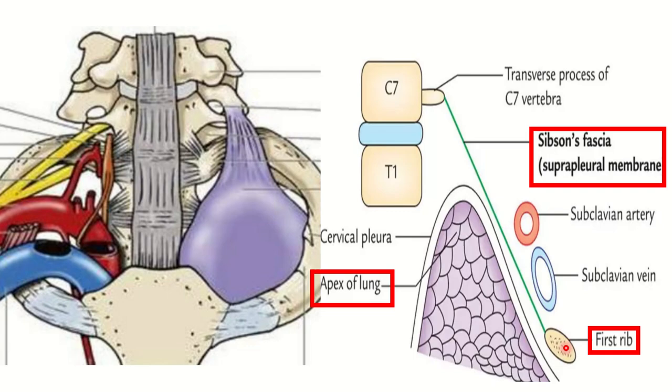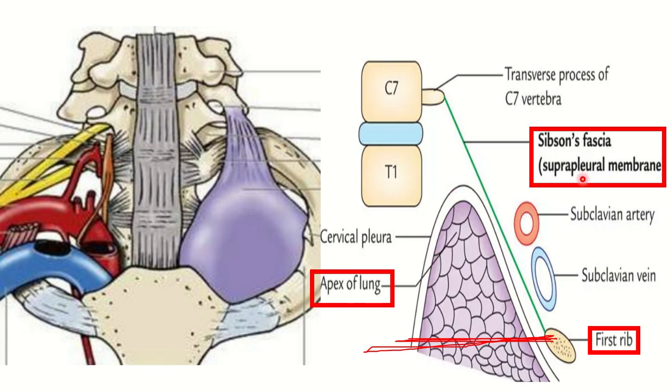So it is clear now that the apex of the lungs is located above the level of the first rib, because this is the level of the first rib.